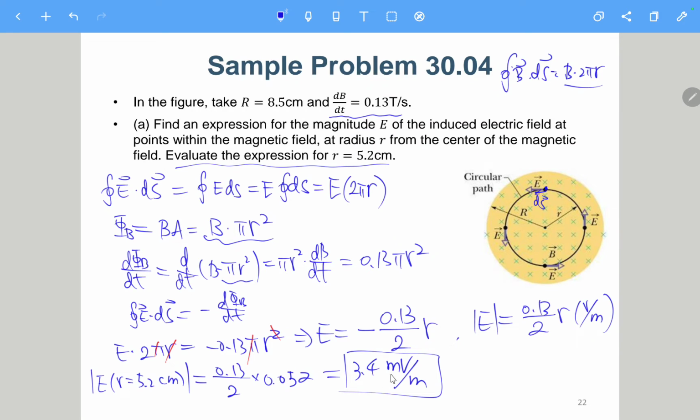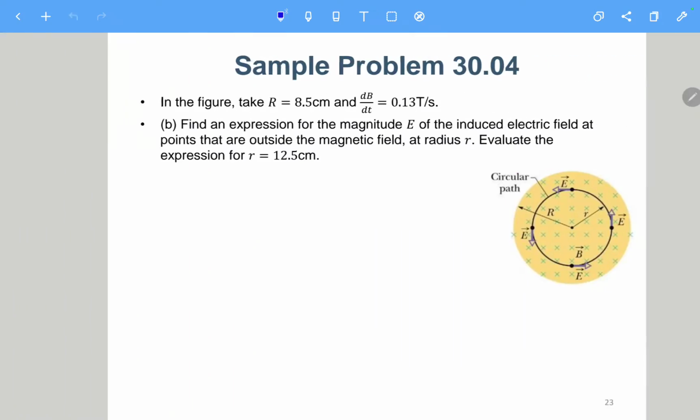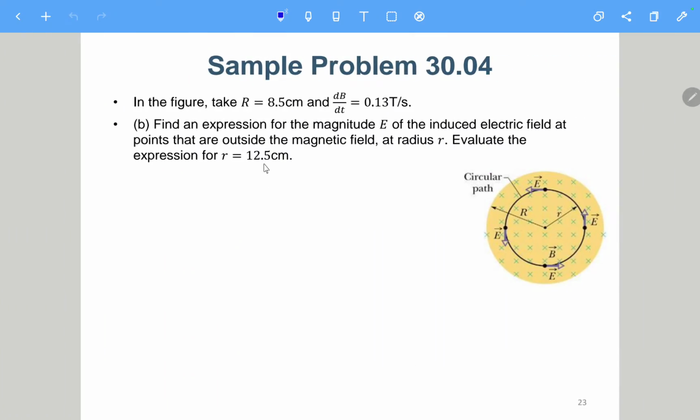So this small m is milli, this is meter. Okay, so this is part A.